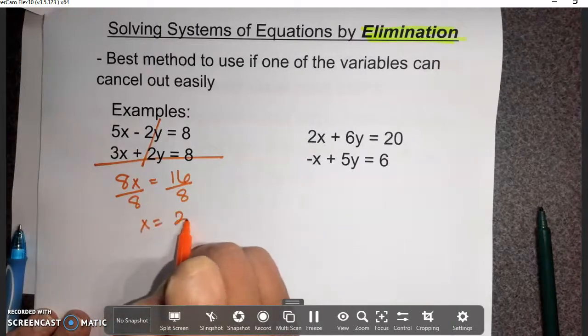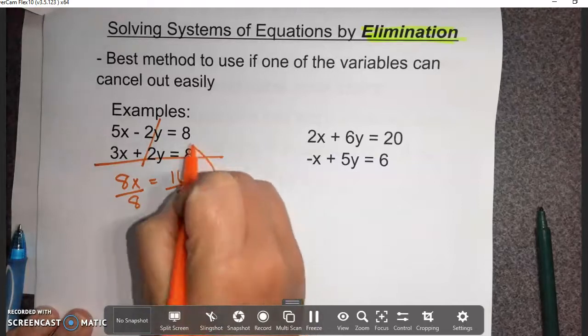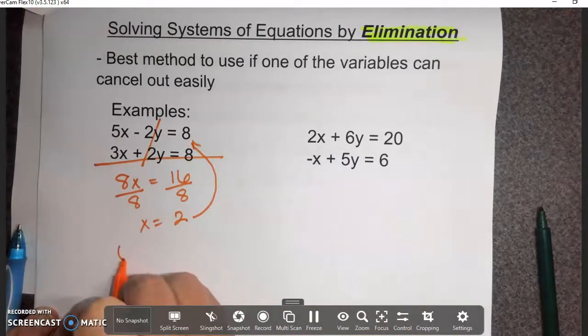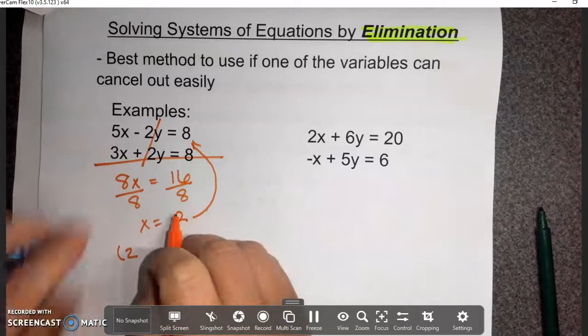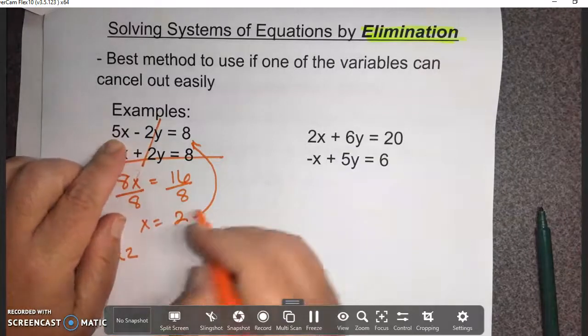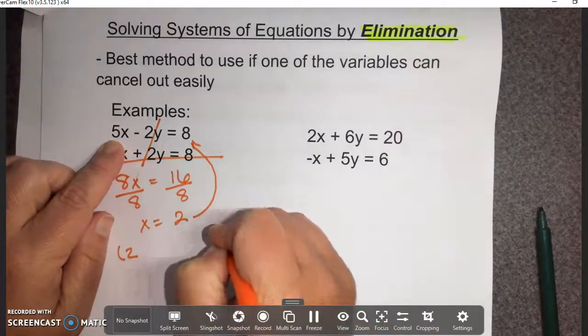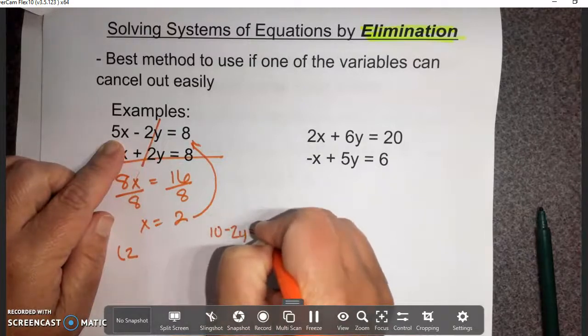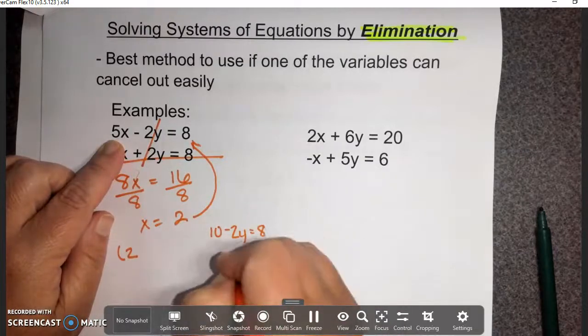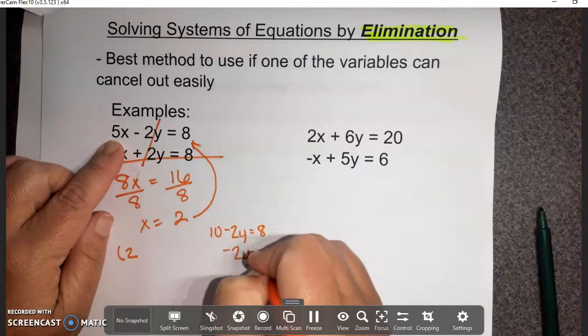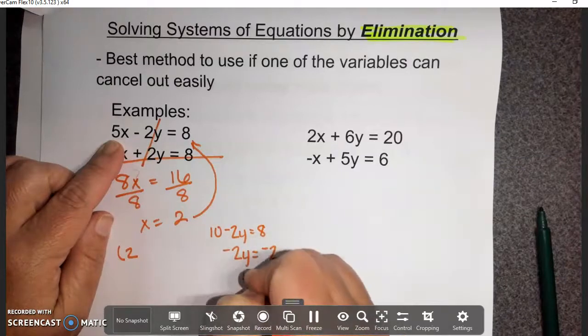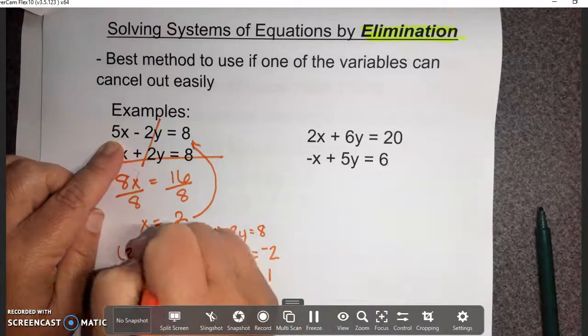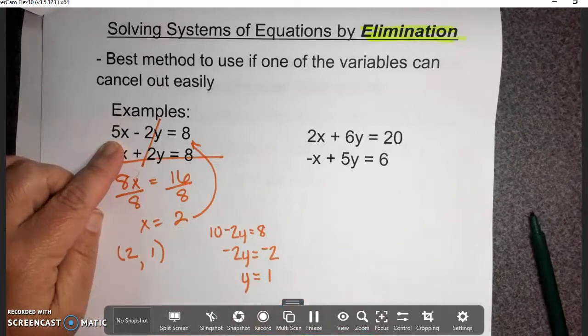X is equal to 2. Then you have to take it and put it back in. So when my x is 2, 5 times 2 is 10, minus 2y equals 8. Subtract 10, negative 2y equals negative 2, so y is equal to 1. That would be my answer.